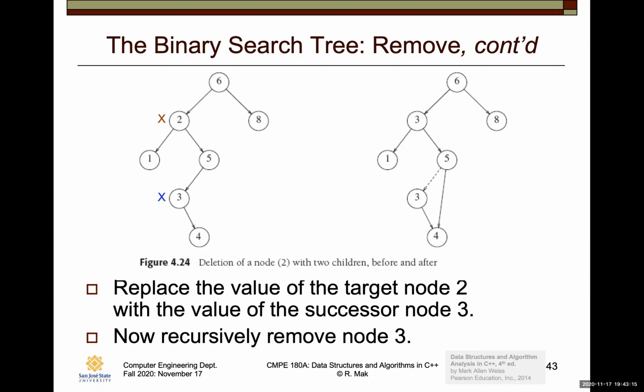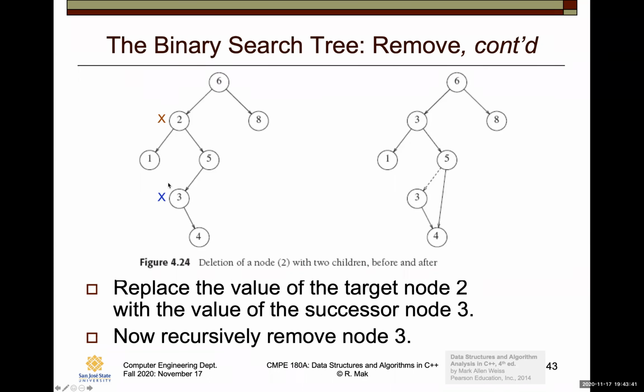If it's a node that has no children, easy, we just remove it. If it's a node with 1 child, we know how to do that. And if it's a node with 2 children, we go through this slightly convoluted process and replace the value of the node we're trying to remove with the value of the successor, and we know how to find that successor, okay?